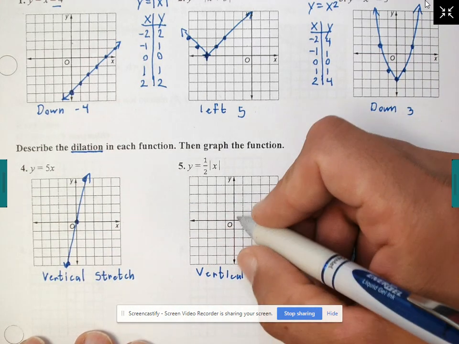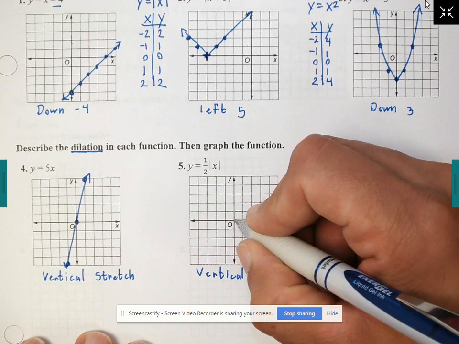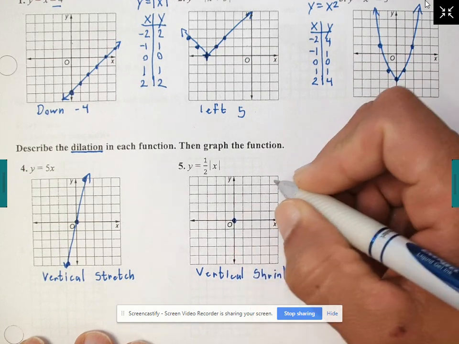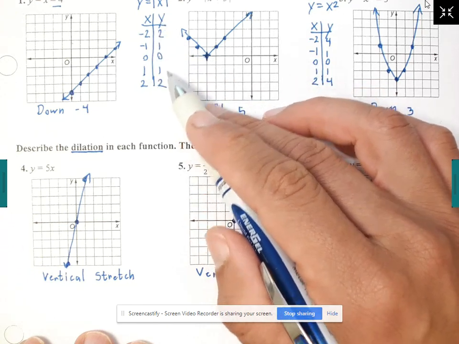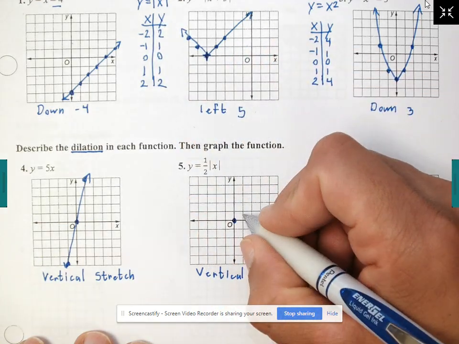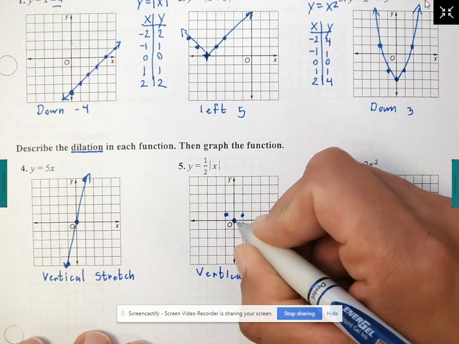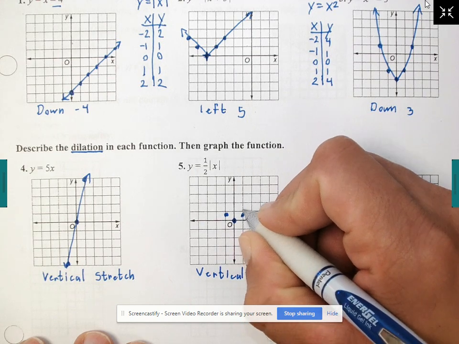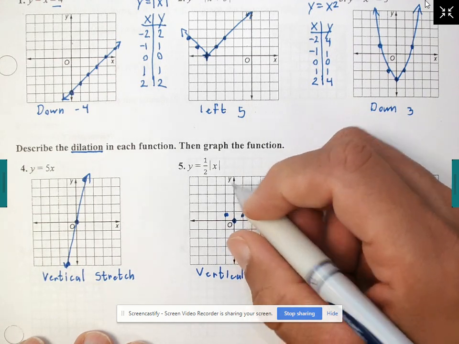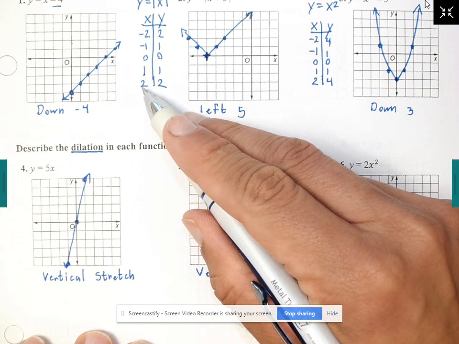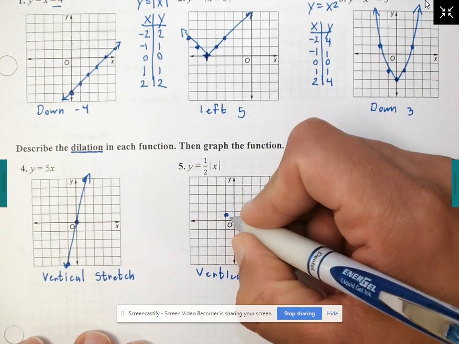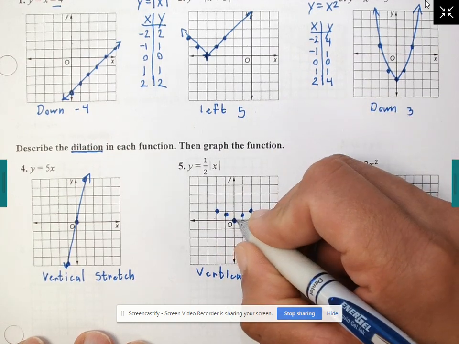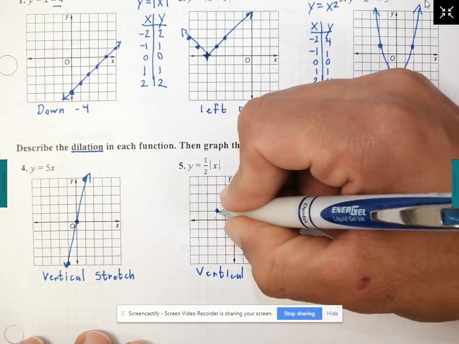So this one right here, if we graph it, I'm not moving left to right, so I'm going to start at the origin. I'm going to follow the same points that I have here, but all of the y coordinates are going to be multiplied by a half. So instead of 1, 1, I'm going to go 1 and up a half. For the next one, which should be 2, 2, now it's going to be 2 and up 1. The same thing here. Looks like a V.